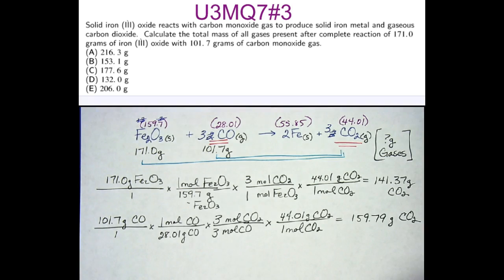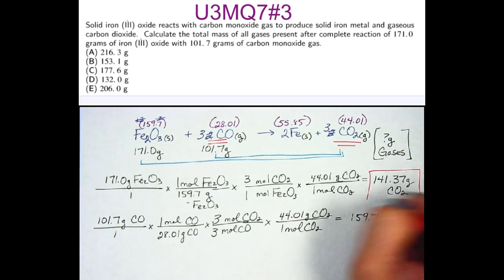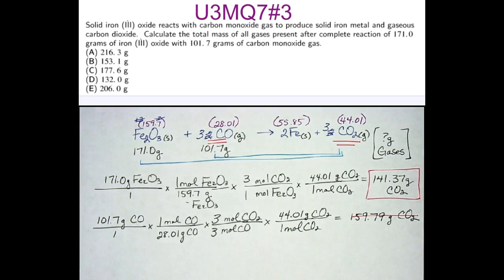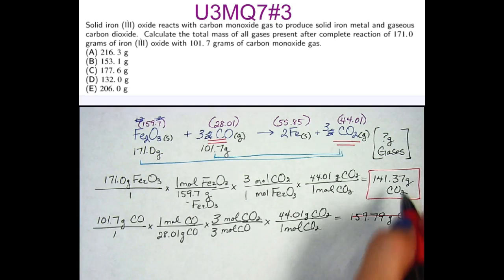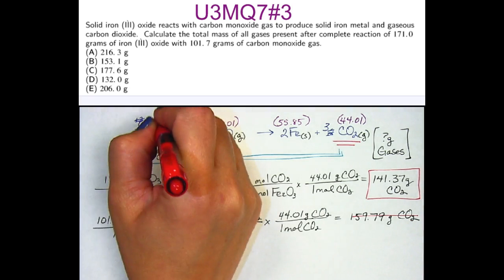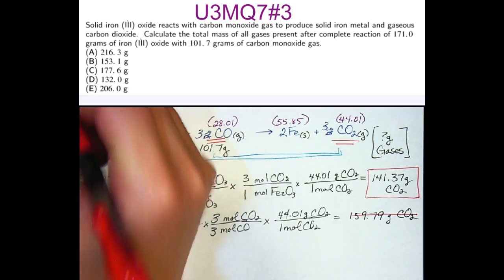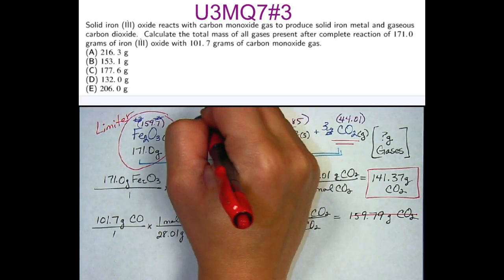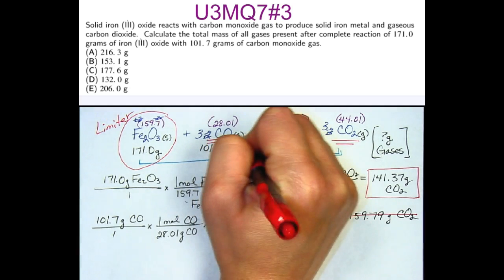So between these two, the smaller of the two is going to be the true theoretical yield, which is this 141.37 grams, which means this is based on the excess and is not a possible yield. So this means that the iron 3 oxide is our limiting reactant, which officially makes my carbon monoxide the excess.